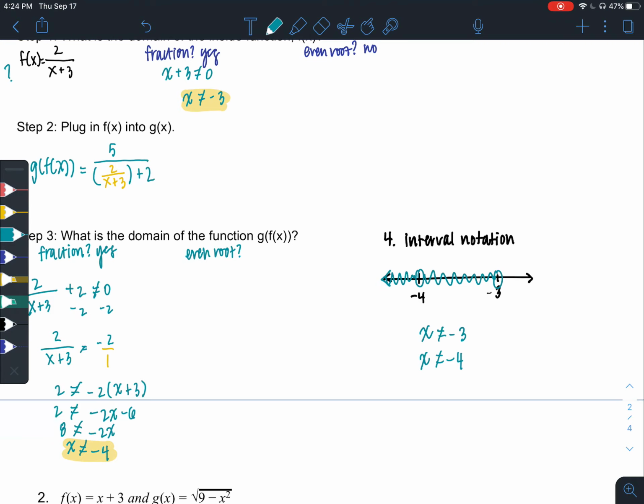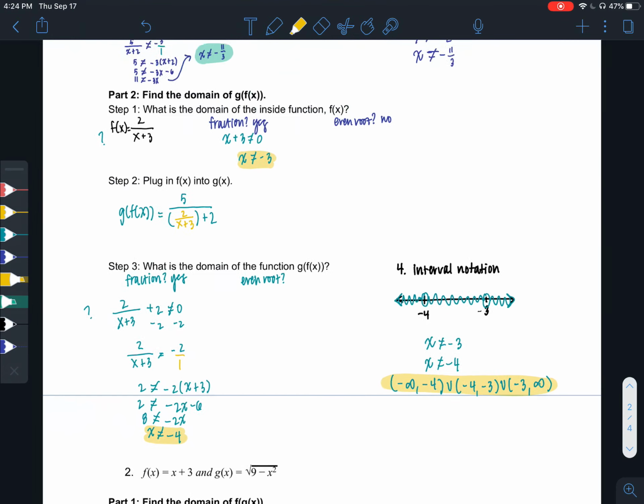So then our interval is negative infinity to negative 4, negative 4 to negative 3, and negative 3 to infinity. That right there is our answer.